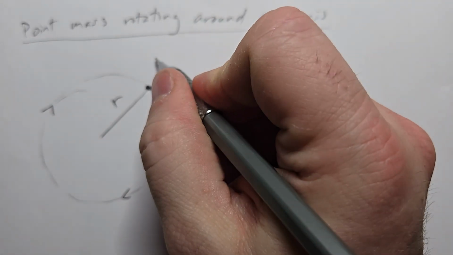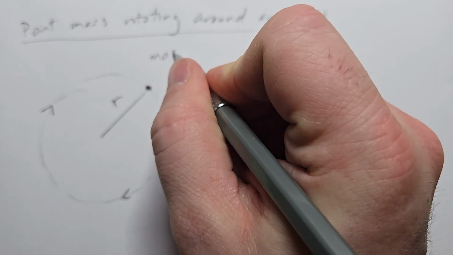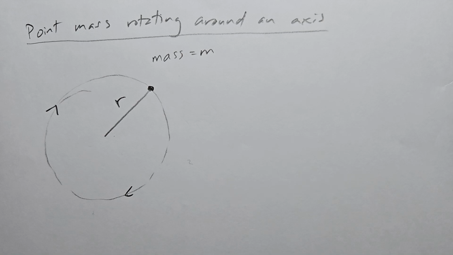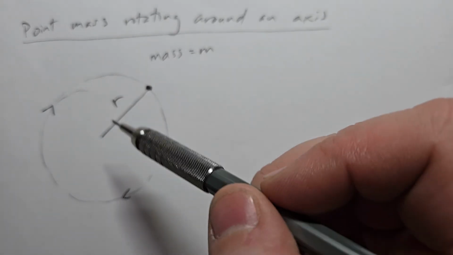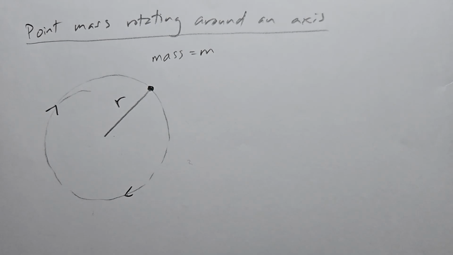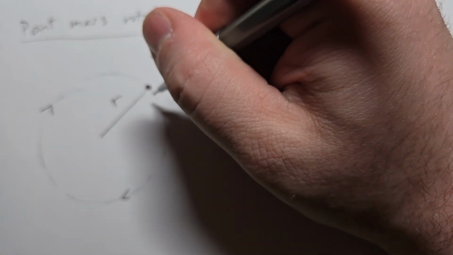So we have our mass of mass m. And if we want this to rotate around our circle here, as long as it's going at a constant speed, we could just imagine that this is in uniform circular motion.